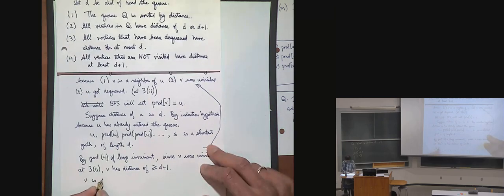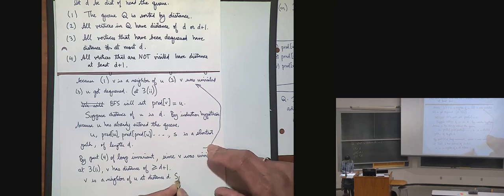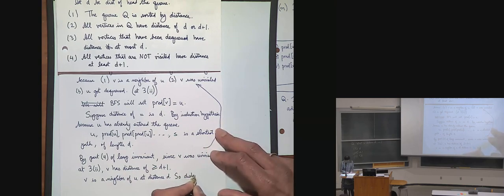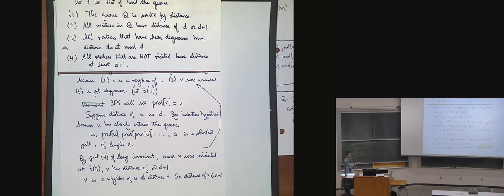V is a neighbor of U at distance d. So the distance of V is at most d plus 1, right? Because it has a neighbor of distance d. So the distance of V is d plus 1.